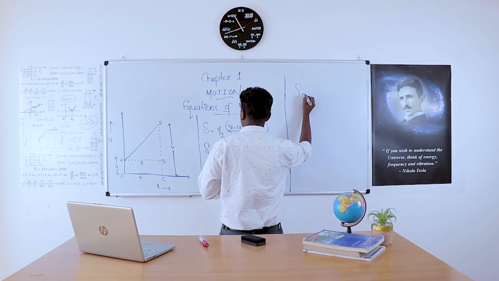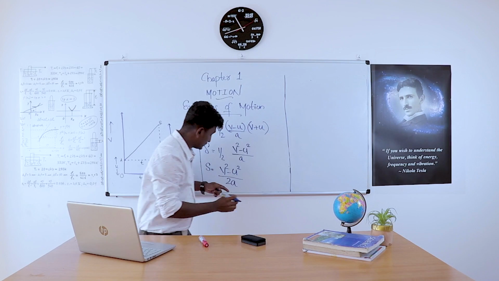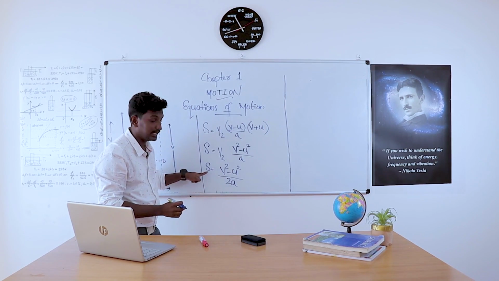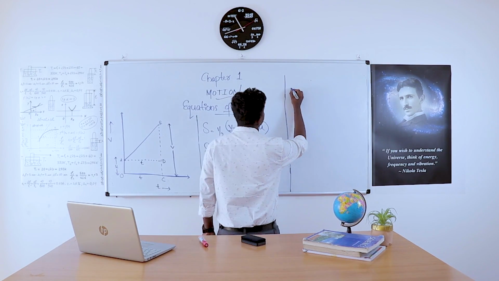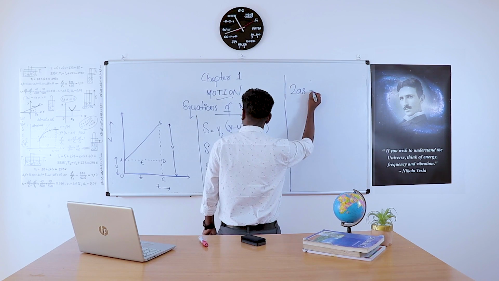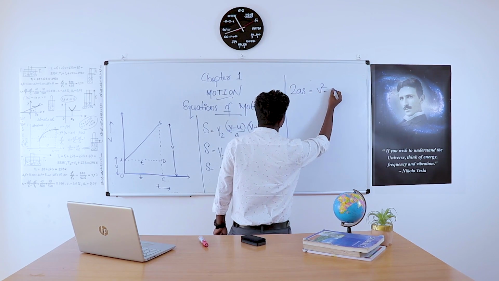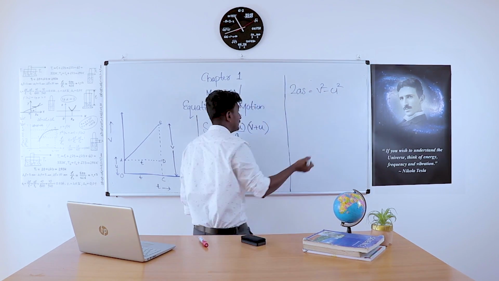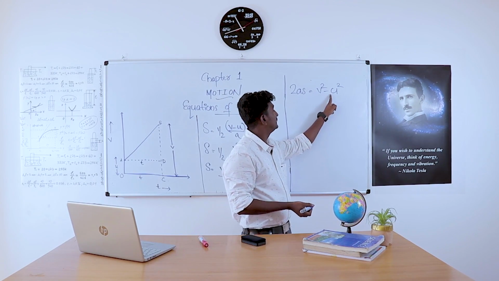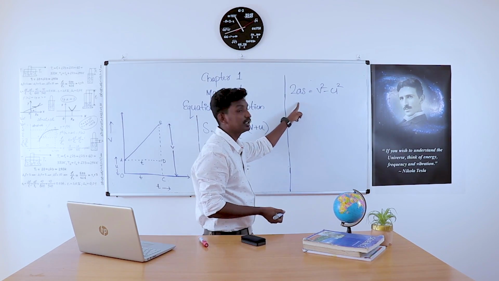Now look, S is equal to v square minus u square by 2a. I'm just cross multiplying 2a to this side. Then it becomes 2aS. 2aS is equal to v square minus u square. Then I'm shifting this minus u square to the other side.